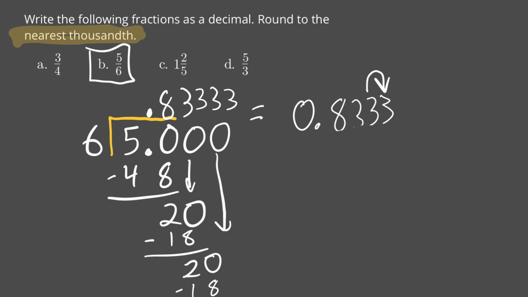If it's less than 5, we typically round down and drop the last number. If it's 5 or greater, we will round up. So, to the right of our rounding place, we have a 3, which tells us we round down and we get rid of the 3. So our rounded answer is 0.833.